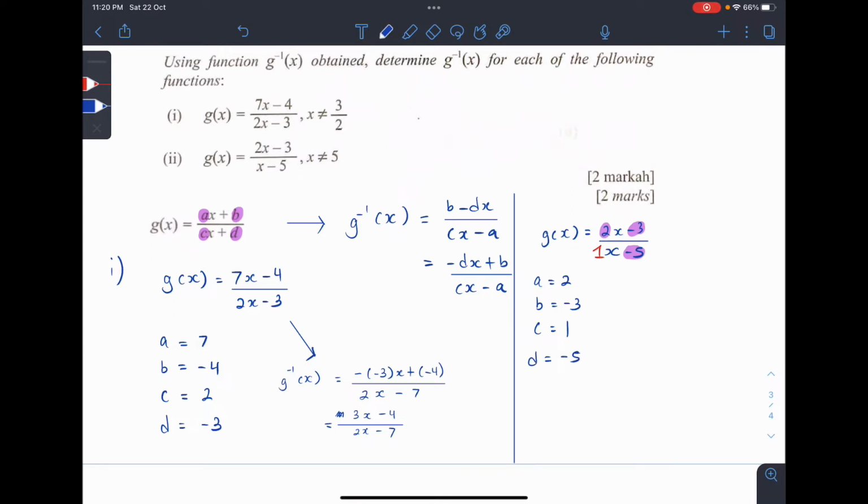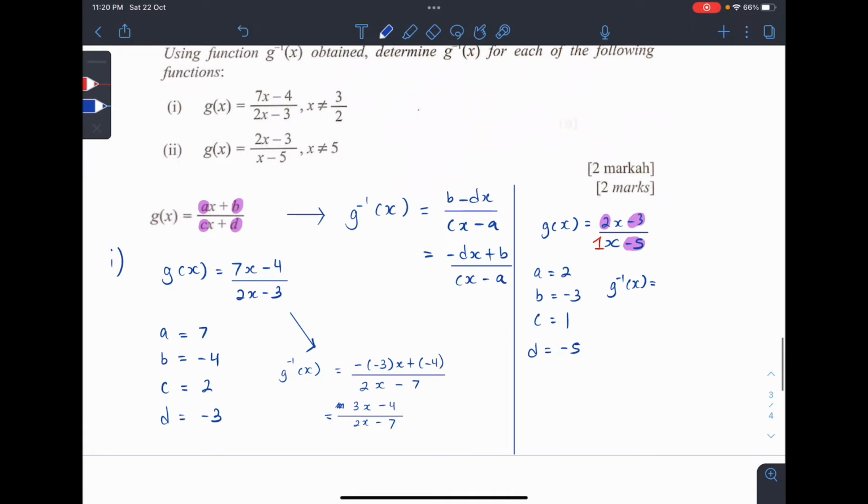So I've got a question for you guys. What am I supposed to do? We are supposed to substitute back into the inverse function. So let's do that. g inverse of x equals negative d x. What's d? D is negative 5. So 5x plus b.